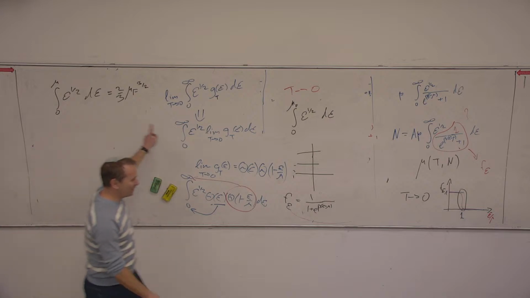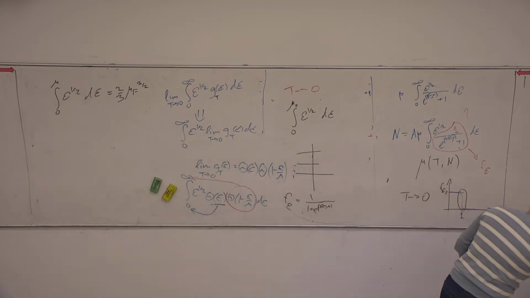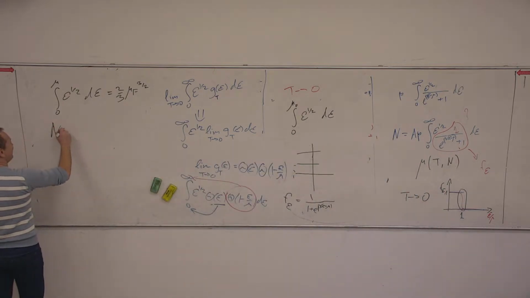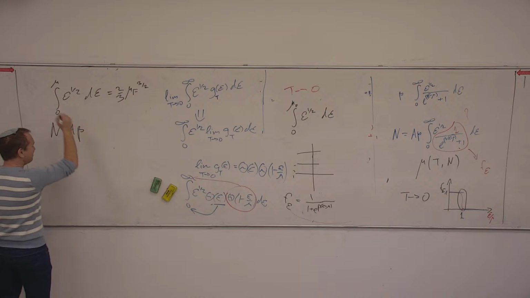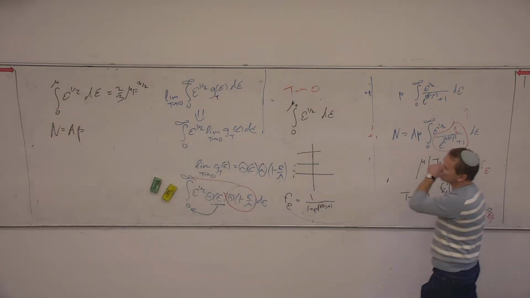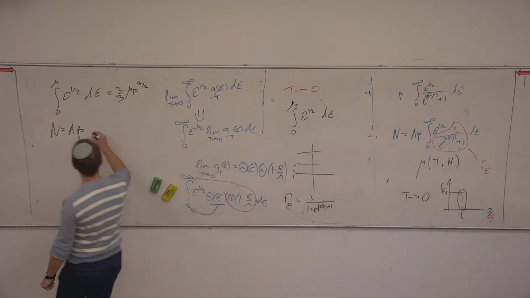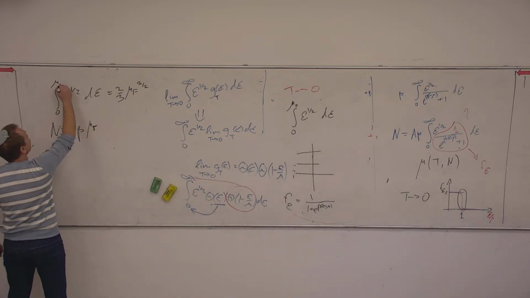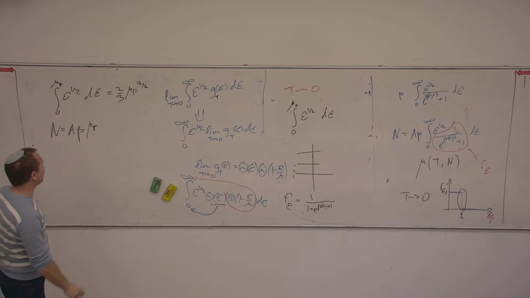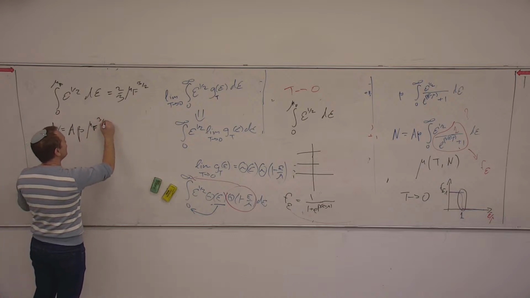Wait a second, let's write it down. So N equals A beta, and the solution of this integral is mu Fermi. I'm not saying just any mu, it's mu Fermi for us, to the 3/2.